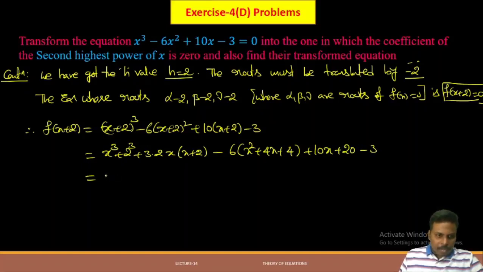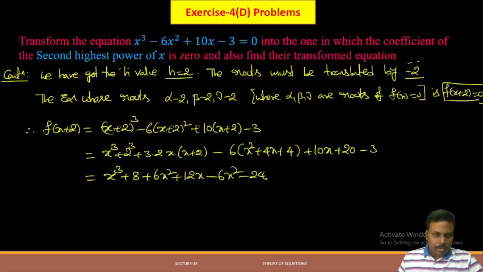So this is x cube plus 8 plus 3 into 2 is 6, 6x into x square, that is 6x square, plus 3 into 2 is 6, 6 into 2 is 12, it is 12x, minus 6x square minus 24x minus 24, plus 10x plus 20 minus 3. Plus 20 minus 3 is 17.